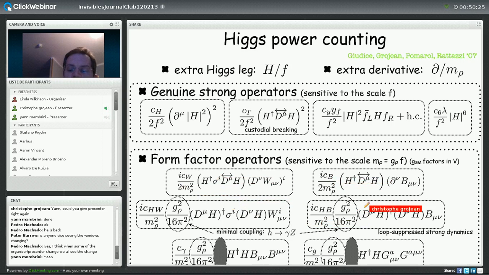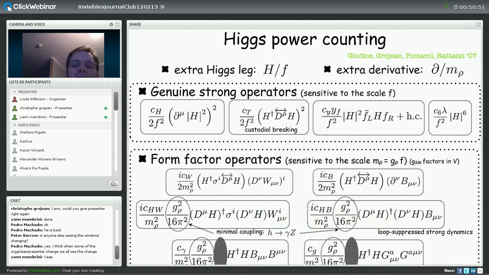So for instance, if you look at the second line here, and write those operators in the unitary gauge, you will notice that those operators will give rise to a coupling between the photon, the Higgs, and the Z gauge boson. So this means that this operator gives rise to a coupling between the photon and 2 neutral objects. Of course, such a coupling cannot occur in any theory that satisfies minimal coupling.